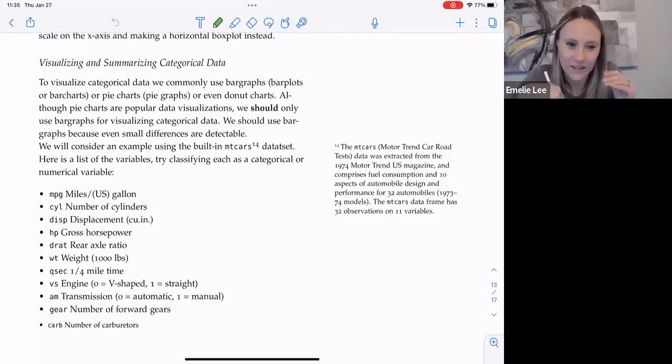I think it has 32 observations. And it has a good distribution of numerical variables and categorical variables, and some that are hard to classify, right? So our first job once we have this data set is to look at each of these variables, and maybe just from the description, we'll be able to classify whether these variables are numerical or categorical.